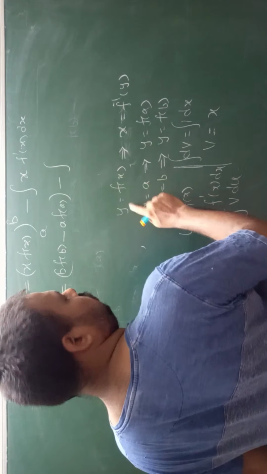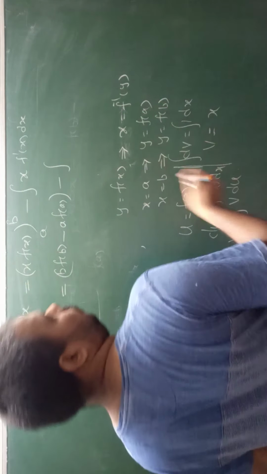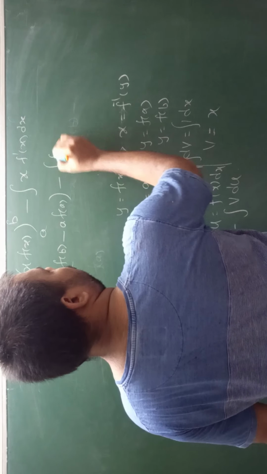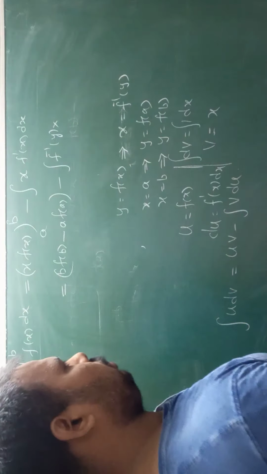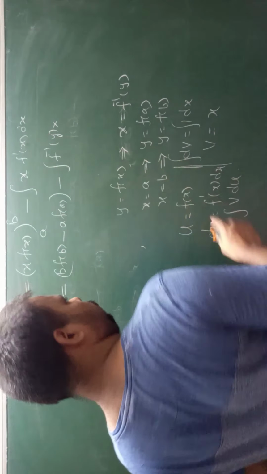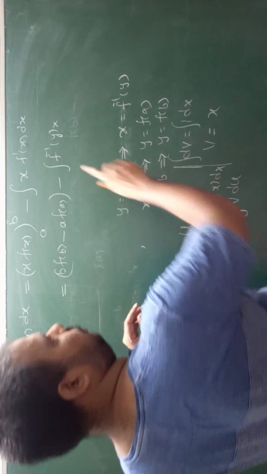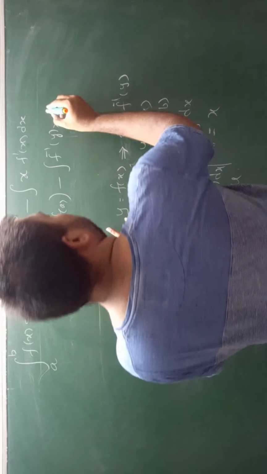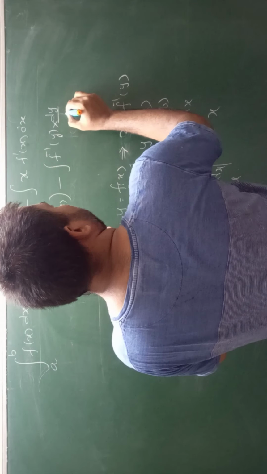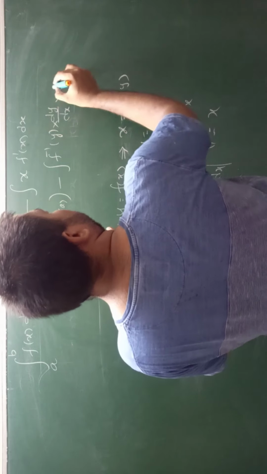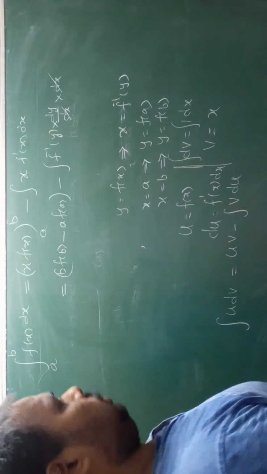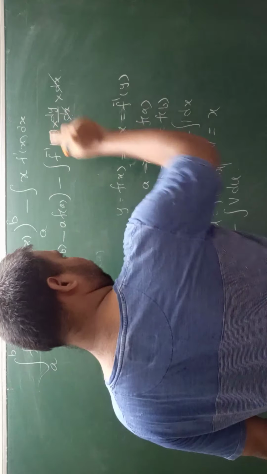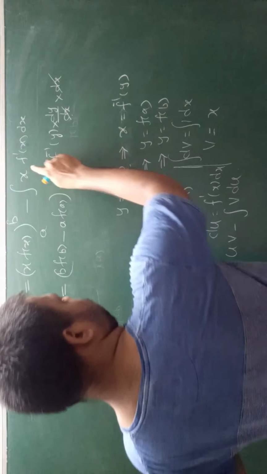Now we can take that here y is equal to f of x, then x is equal to f inverse of y. In place of x, we can write f inverse of y. Now f dash of x is nothing but dy by dx, into, already here dx is there, dx gets cancelled, but totally this is the function in y now, so therefore limits also change.